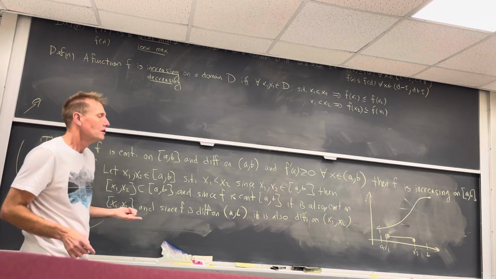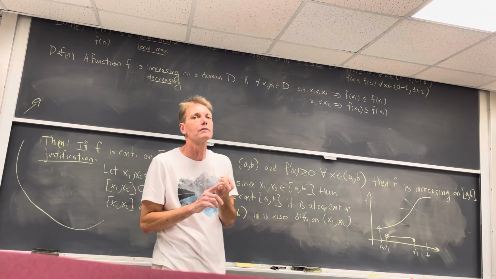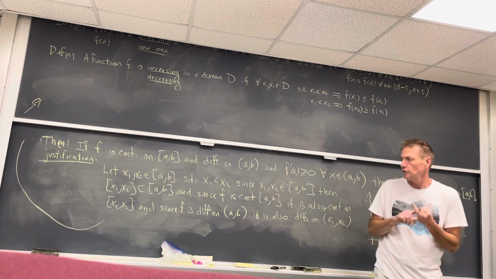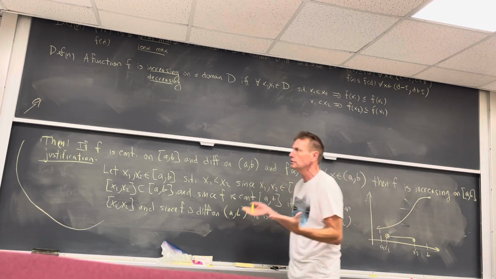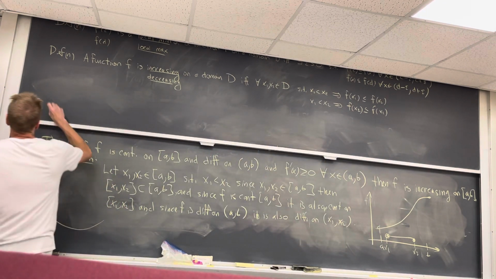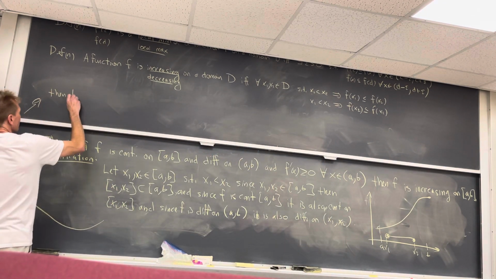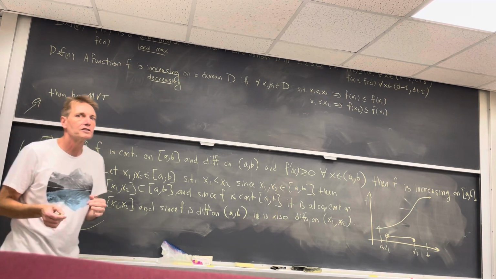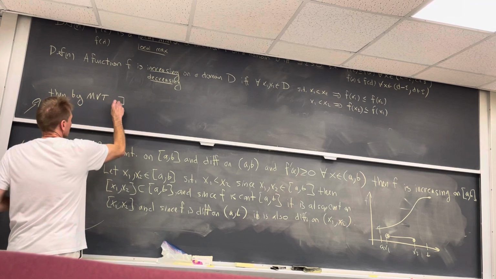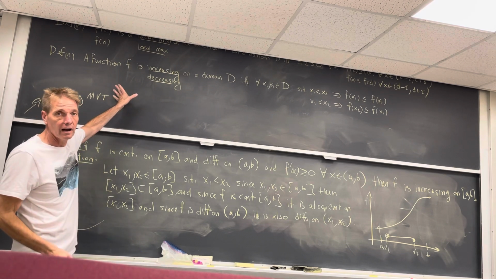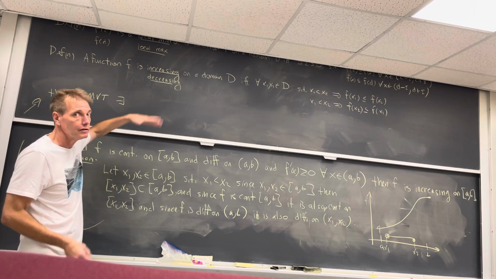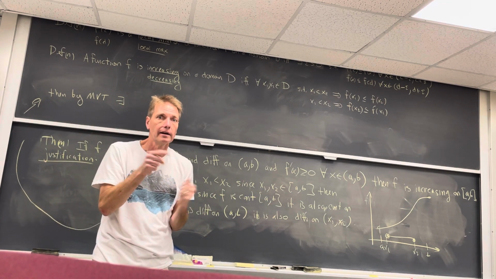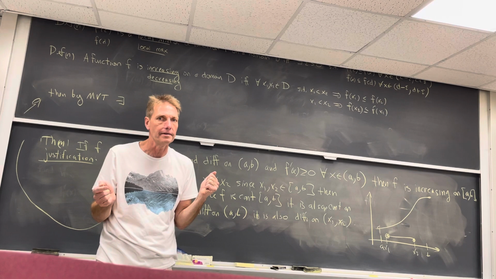But here we go. Since we're continuous on the closed interval x1, x2, we're differentiable on the open interval x1, x2, then by the mean value theorem, there must exist. Now remember, I just erased what the mean value theorem guaranteed. But you are watching a video, so you can actually pause it and scroll back and look at the board. There must exist a what?